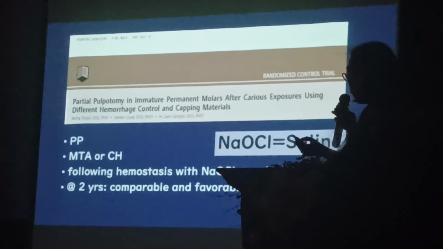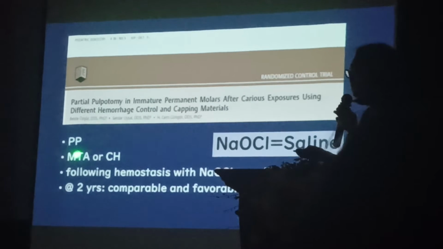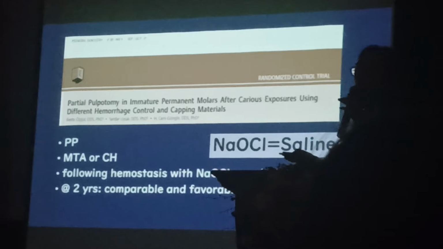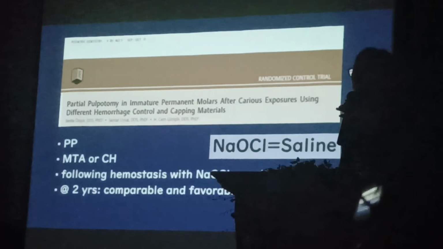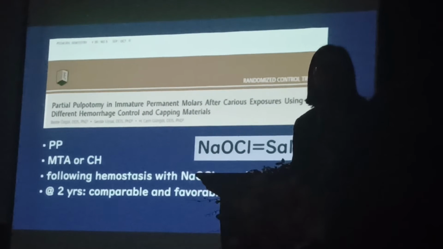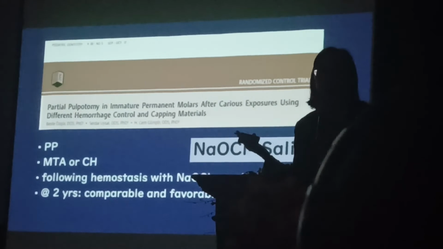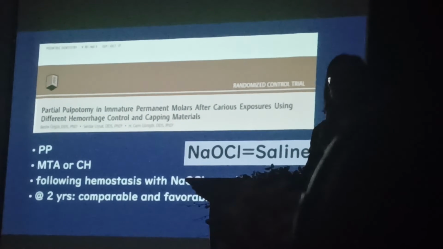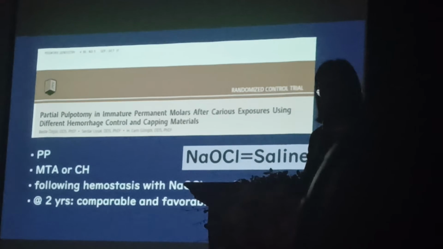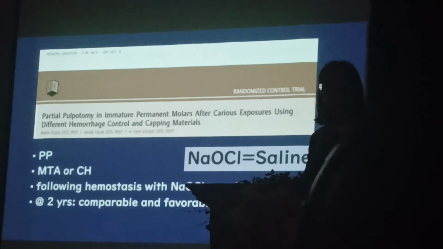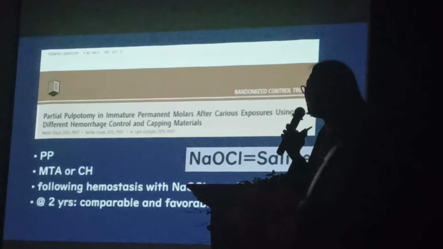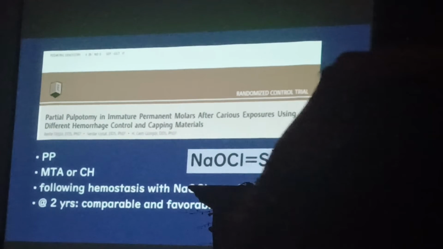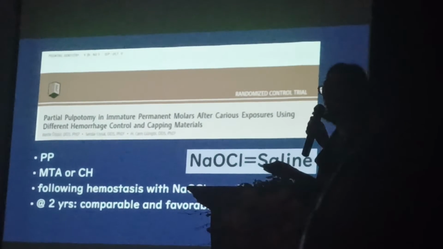So because you are removing the infected or severely inflamed pulp tissue, the reduction, and give comparable results.